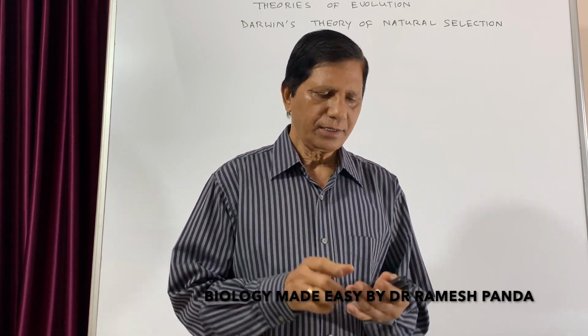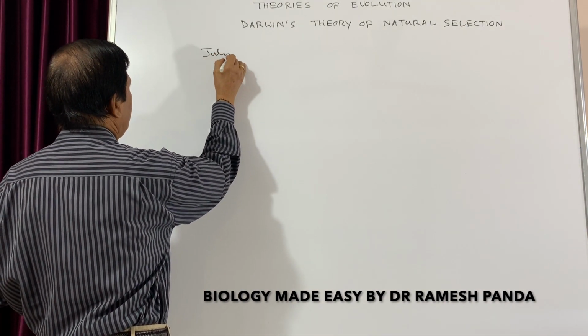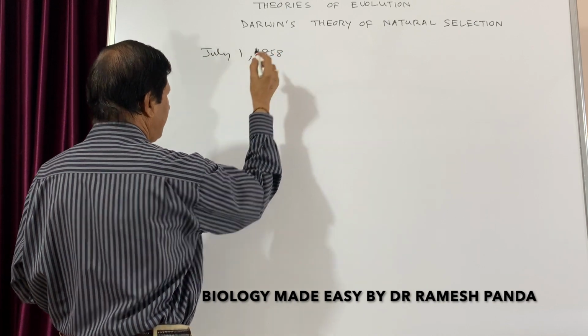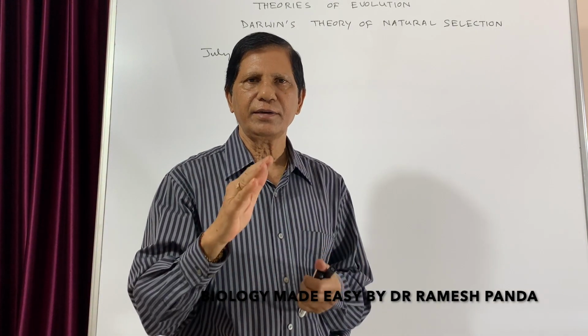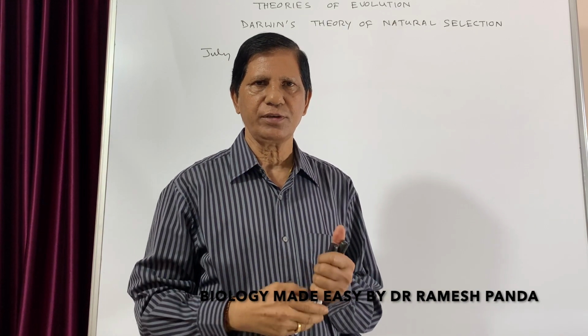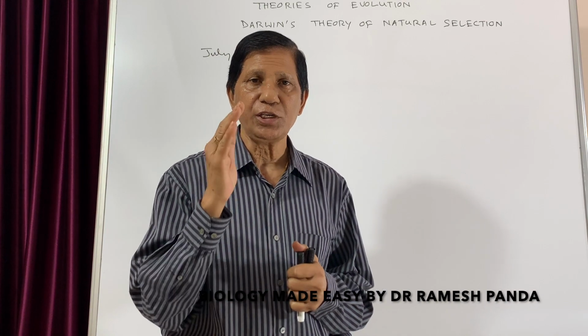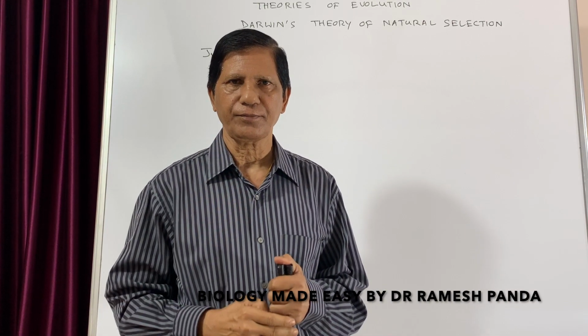So, on July 1st, 1858, Charles Darwin and Alfred Russel Wallace put forth the theory of natural selection in the historical Linnean Society of London.